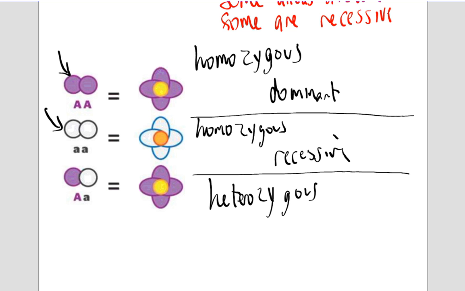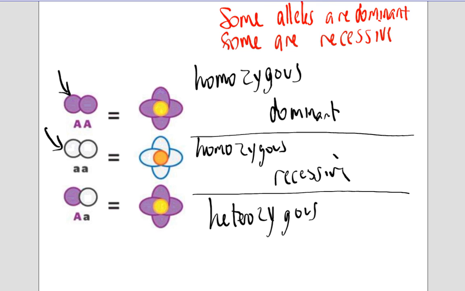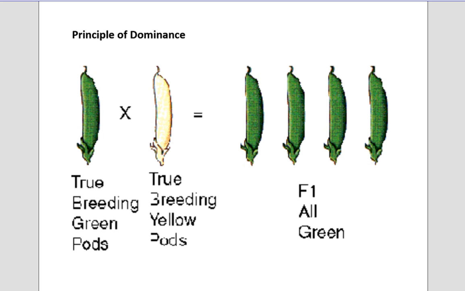Now, where do we go from here? Well, Mendel, what he did is he took true breeding plants of a dominant, let's say green pea pods are dominant over yellow pea pods. Well, he took true breeding green pea pods and he bred them with true breeding yellow pea pods. True breeding green pods will only make green.